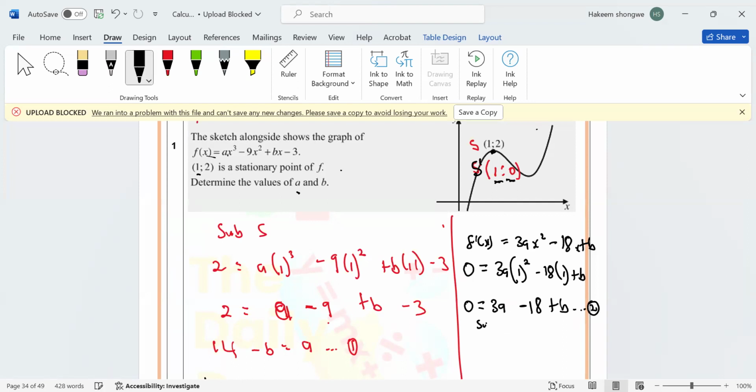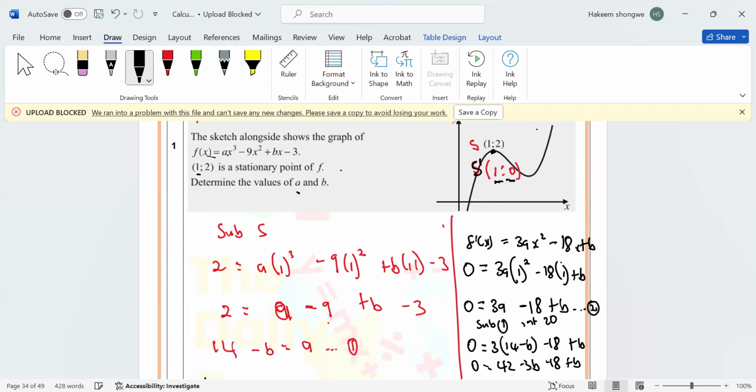Sub 1 into 2. We have 0, which is going to be equal to 3 open bracket 14 minus b close bracket minus 18 plus b. 0 is going to be equal to 3 times 14, 42. So we have 42 minus 3b minus 18 plus b.